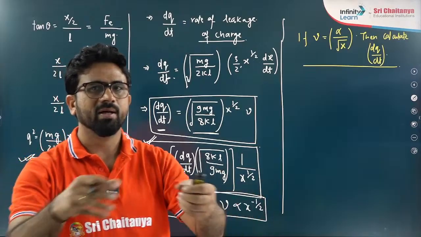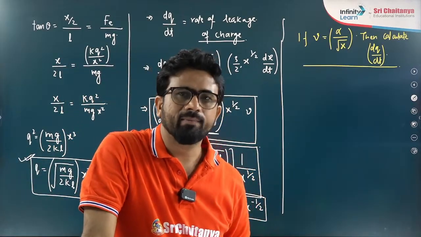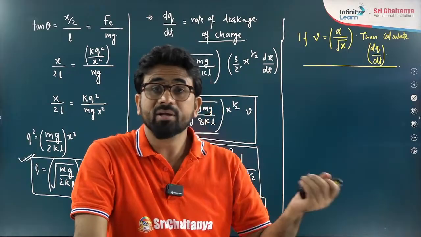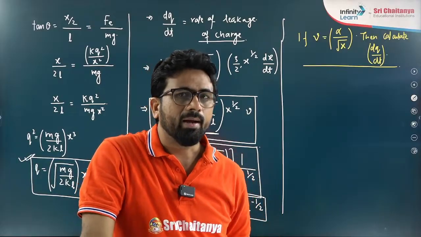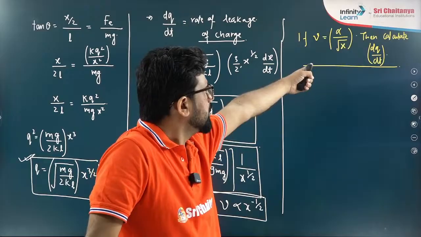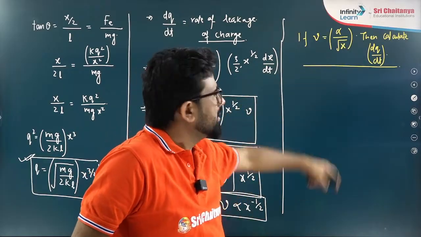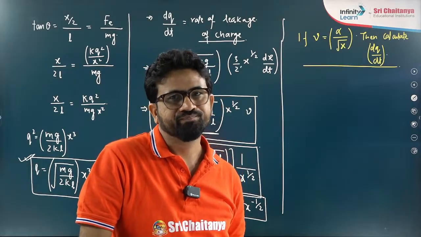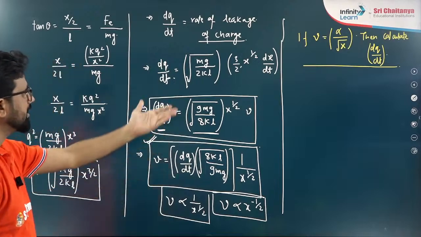If the balls are initially placed at a distance of d, now charge is leaking at some rate. They are not saying a constant rate, try to understand it. And the velocity of approach of the balls towards each other is given to you, v equal to alpha by root x. Now calculate dq by dt. That was the question.